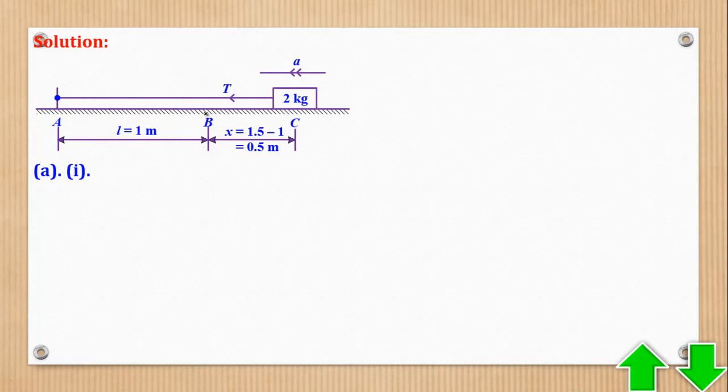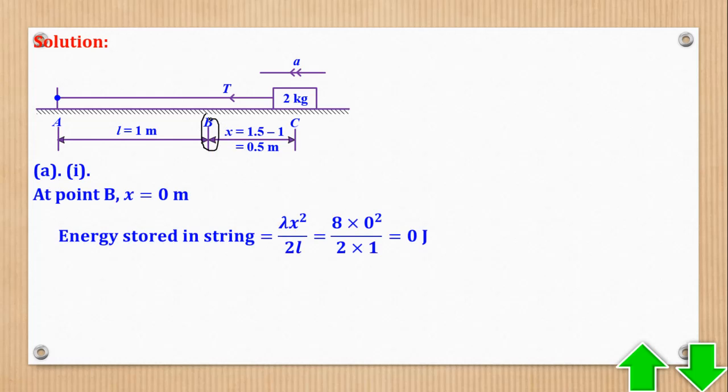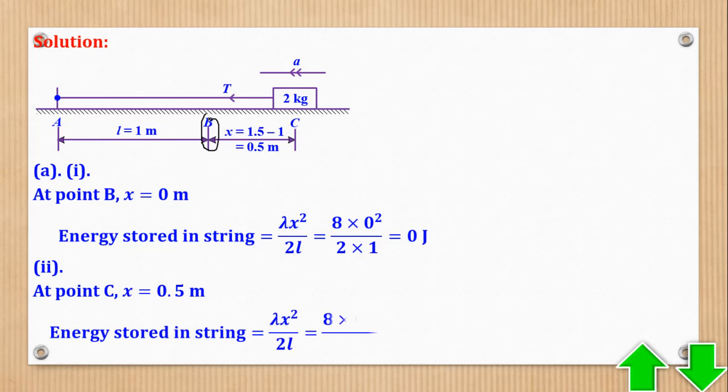At point B, extension is 0. And because the extension is 0, energy must be 0. Okay, what about at point C? At point C, there is some extension. Therefore, there is some energy stored, which is 1 joule.